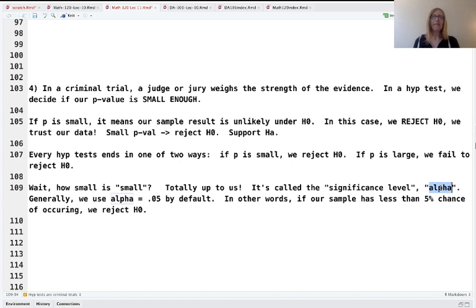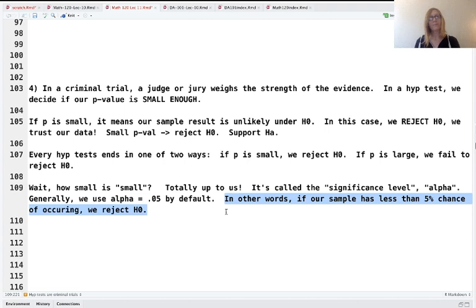We're looking for a p-value to be smaller than this cutoff, this significance level cutoff. If it's smaller than that, we reject the null hypothesis. Otherwise, we fail to reject the null hypothesis. And generally speaking, in lots of literature and lots of different disciplines, folks use alpha equals 0.05 by default.